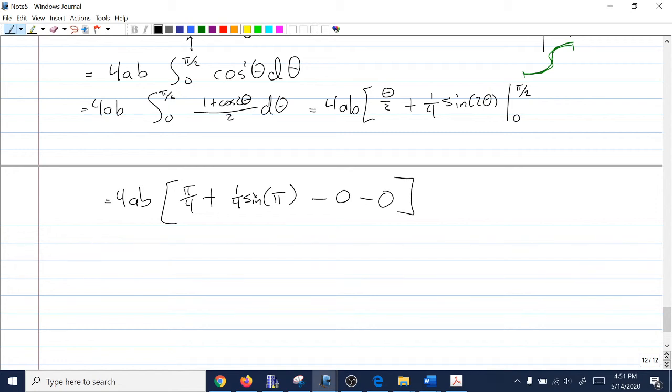Sine pi is 0, so the pi over 4 is the only part that matters. So 4ab times pi over 4 is pi ab. Just like we would have guessed, the pi r squared becomes a pi ab. Cool. We got the area of an ellipse.